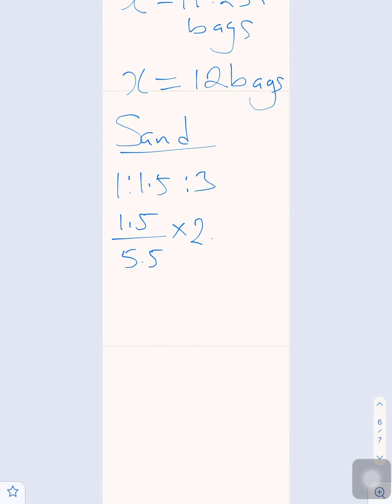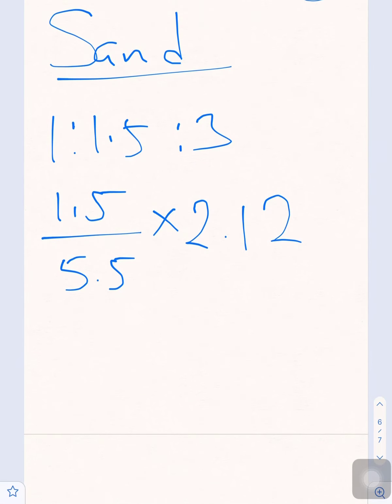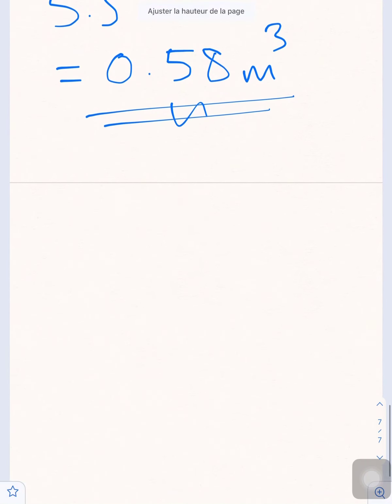When we do the multiplication, 1.5 divided by 5.5 multiplied by 2.12, we have 0.58 cubic meters. This is the volume of the sand that will be required for our concrete slab.